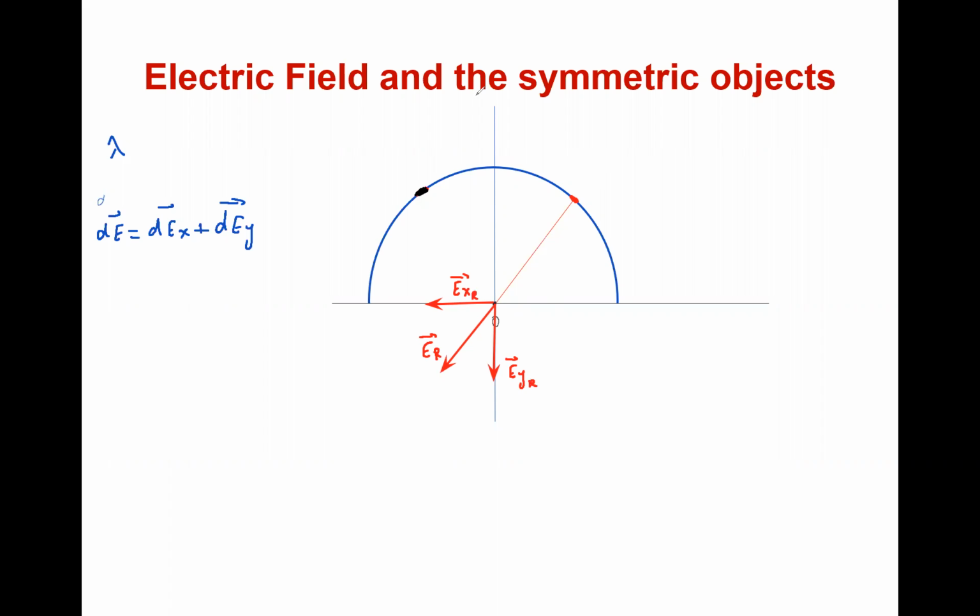And the left one will create a field. This charge is positive, so the created field must be like this. And this one has an X component and a Y component.